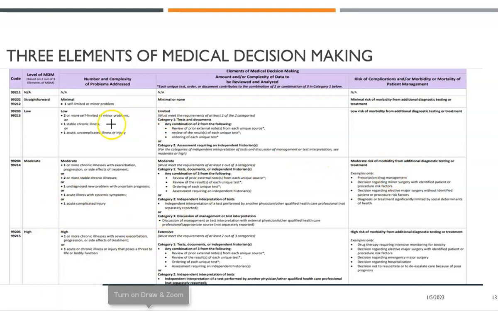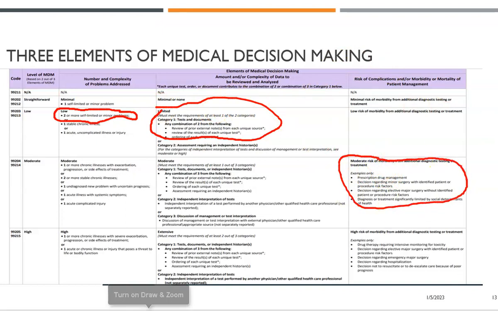Okay, I'm going to turn on my drawing here. So say we have a low level, like 2 limited or minor problems, and then limited, we have 1 test, and then we had moderate.